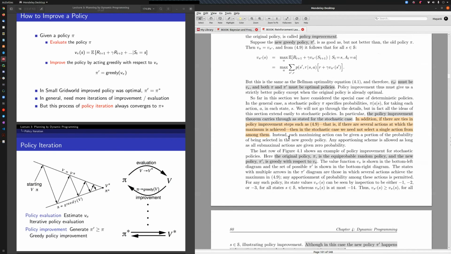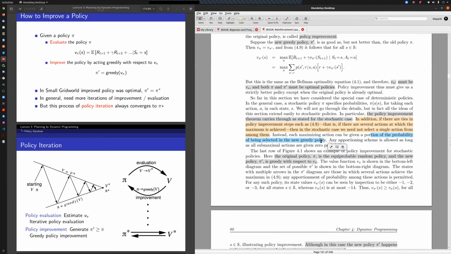So instead of selecting a maximizing action, we can give a portion of the probability to a particular greedy policy to be selected.